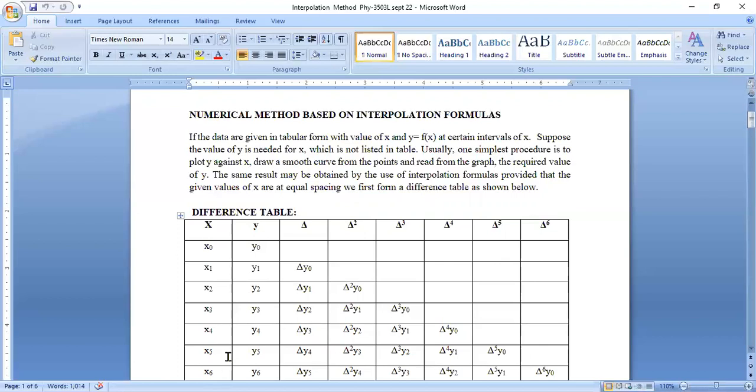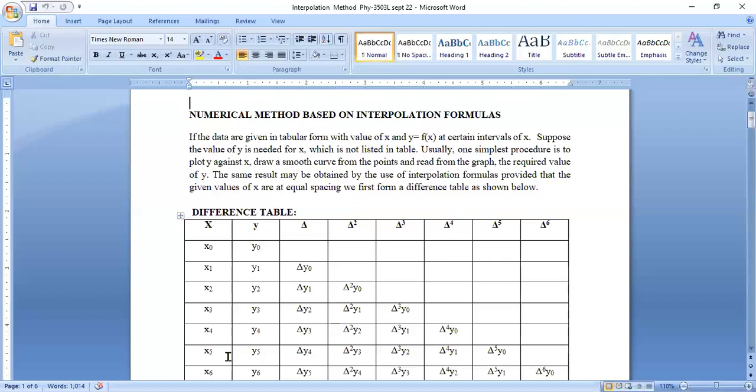We draw a smooth curve through the points, and we read from the graph the required value of y for a given x. The same result can be obtained by the use of an interpolation formula, provided the given values of x are at equal spacing. That is the condition.